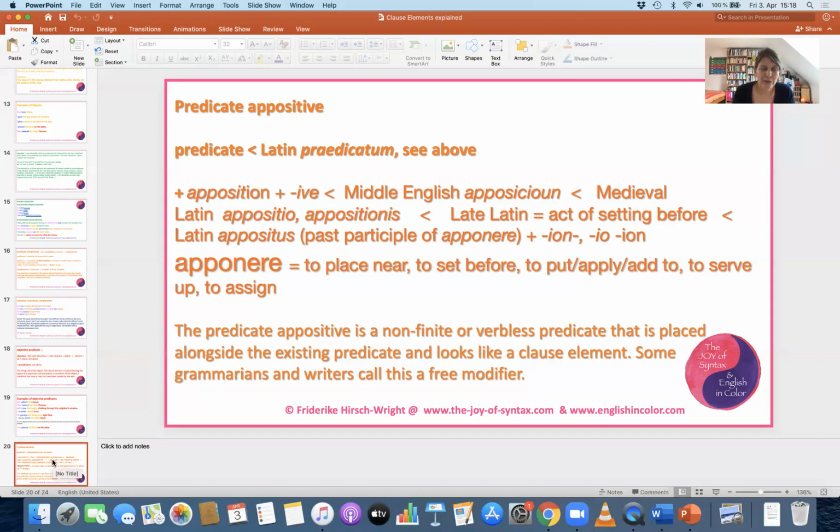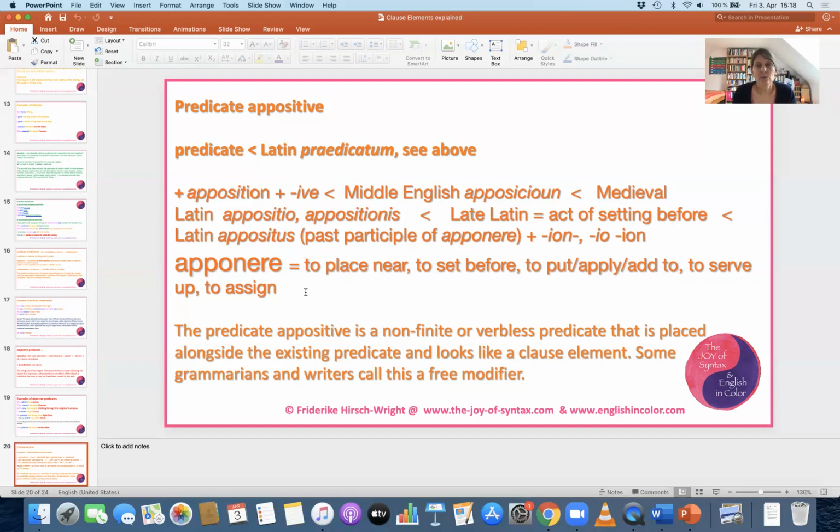And we now need to explain apposition, which is ultimately derived from the verb apponere, which means to place near or set before or put before or something, or to assign, to serve up, whatever. So the predicate appositive is a non-finite or verbless predicate that is placed alongside the existing predicate and looks like a clause element. Yeah, and some writers and grammarians call it a free modifier.